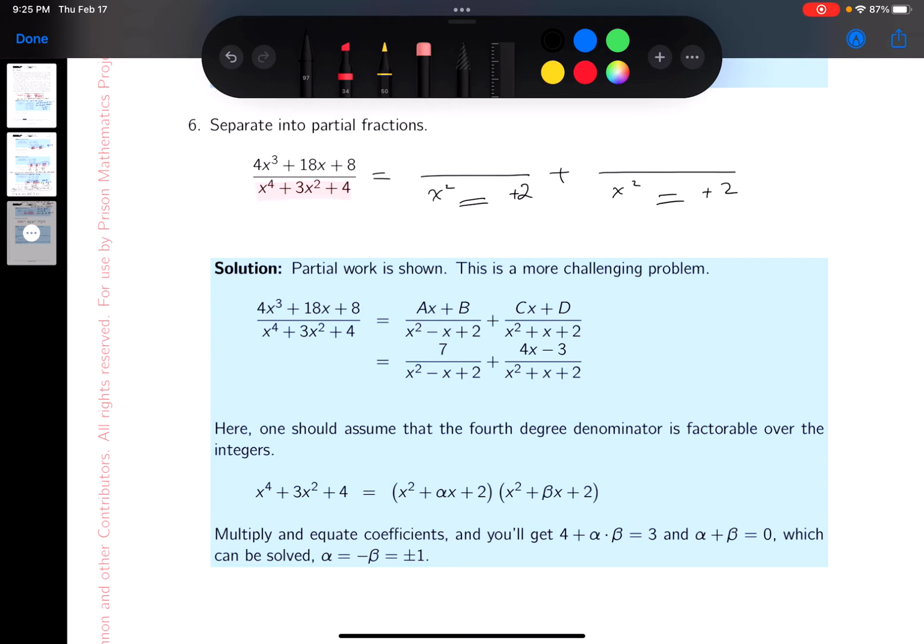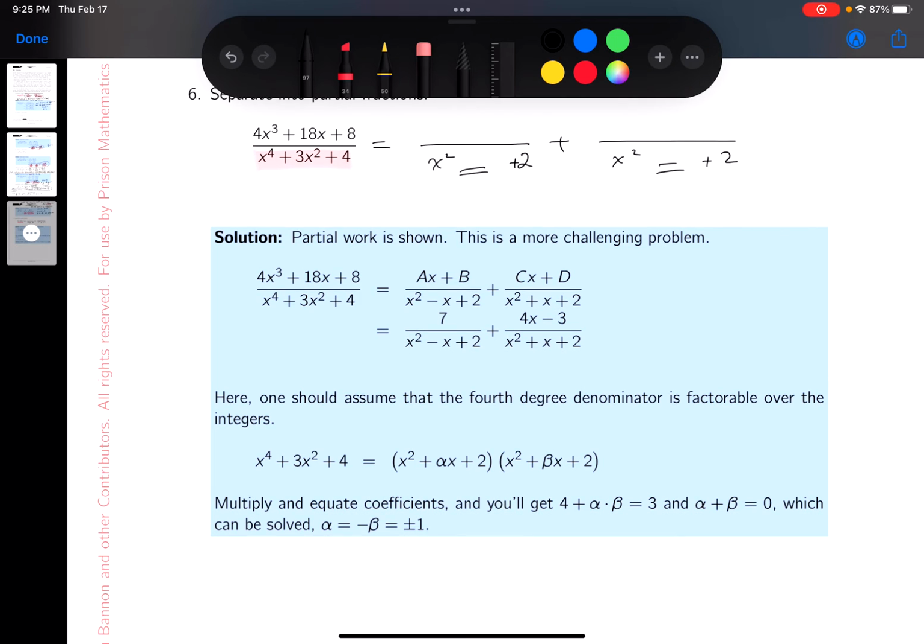So I want to point out what I do, which may seem really bizarre to you. I write it down, but I don't know what goes in the middle. I'm going to point out what I did over here. I made an assumption. I'm assuming that that fourth degree denominator is factorable over the integers. And I wrote down what I said before.